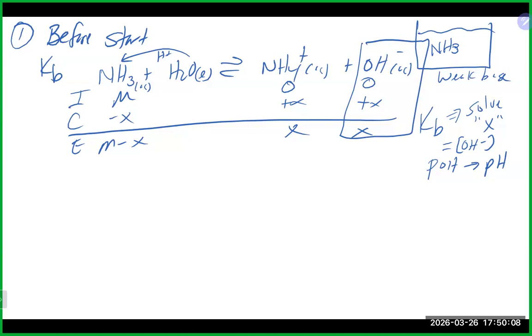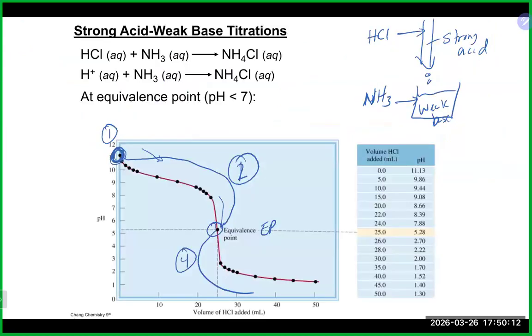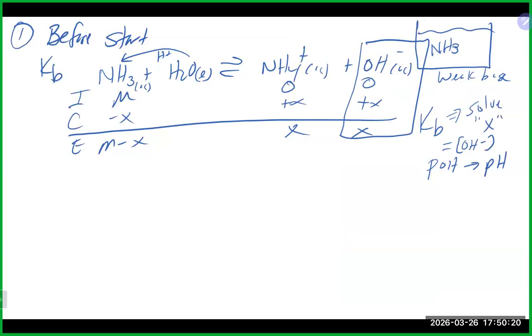Okay, now that we've started our titration, we are at our second spot. We're going to start to see our pH come down as we start adding. Just like before, once we start our titration before the equivalence point, a reaction is going to take place.